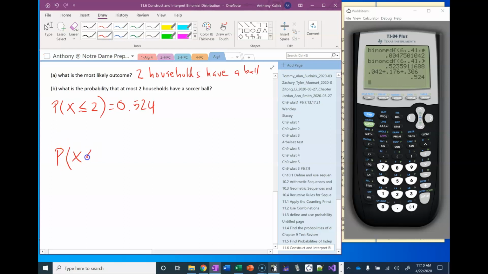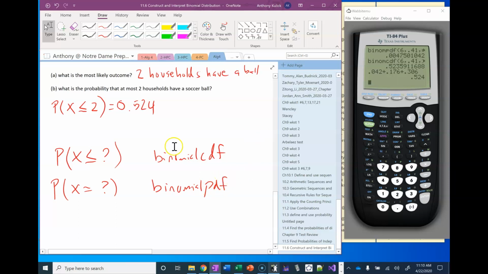So if I want the probability is less than or equal to whatever, this is the binomial CDF. If I want the probability that x is equal to exactly something, this is binomial PDF. And we won't worry about what the letters CDF stand for: cumulative distribution function, that it's summative.